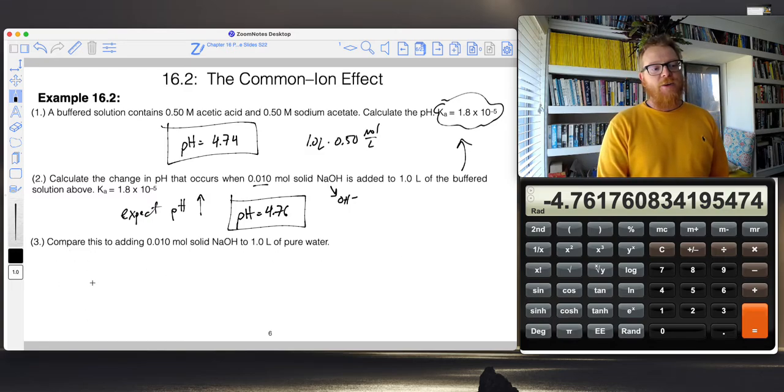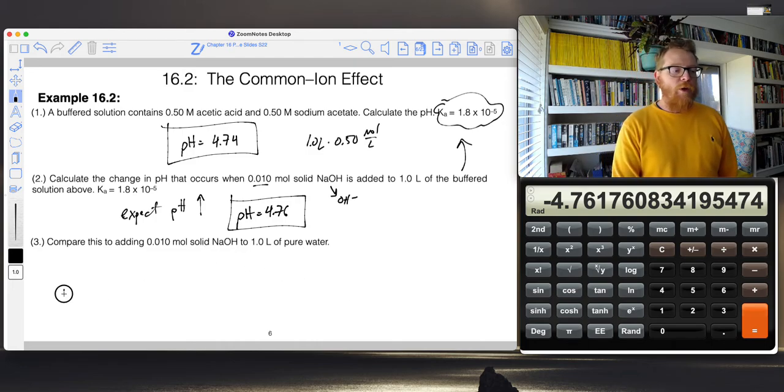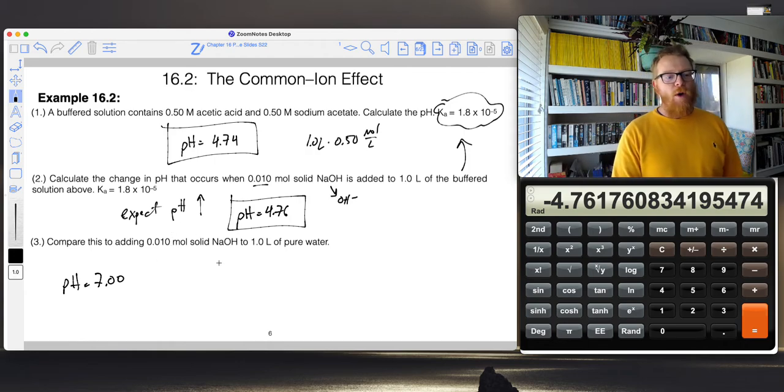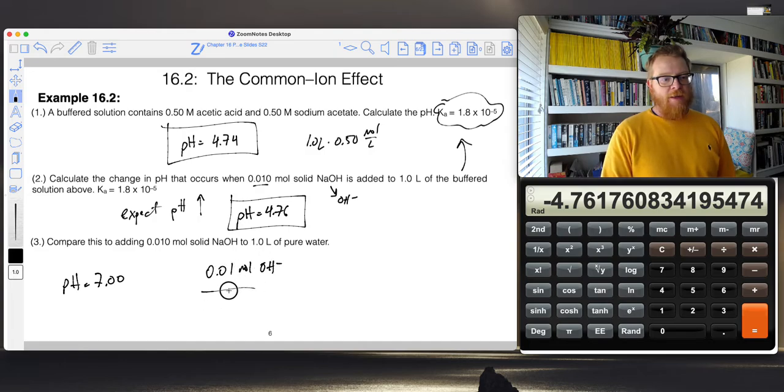And then finally, on this third calculation, compare this to adding 0.01 mole of solid NaOH to 1 liter of pure water. Well, we know the pH of pure water is 7.00, right? And so now if I add 0.01 mole of solid hydroxide to 1 liter of that, that's going to be 0.01 mole of hydroxide in 1.0 liter, which is 0.010 molar.